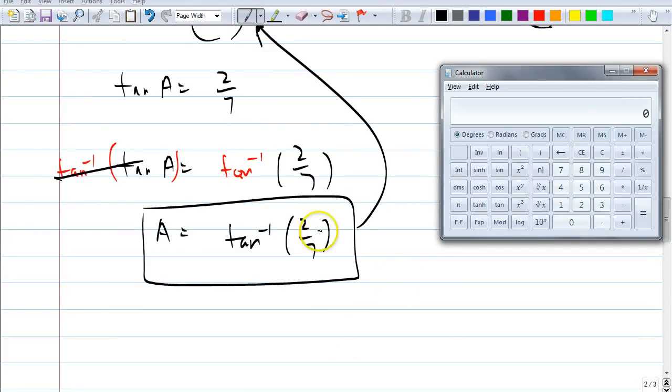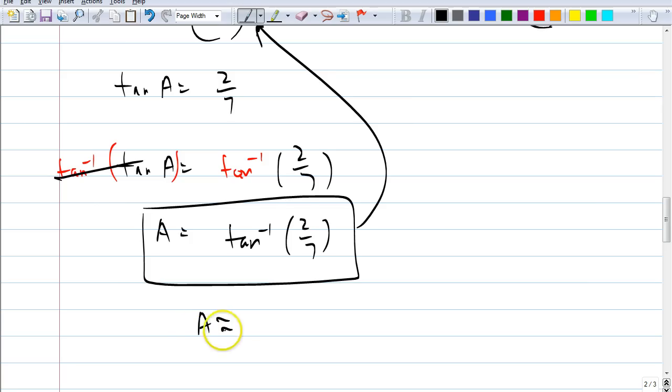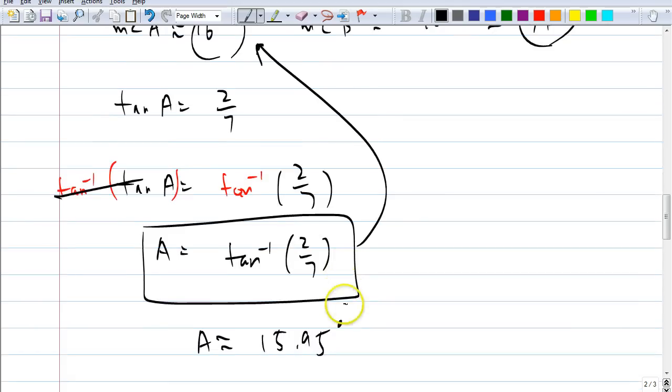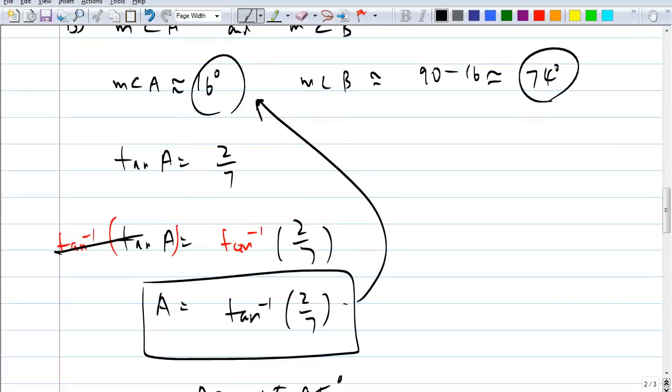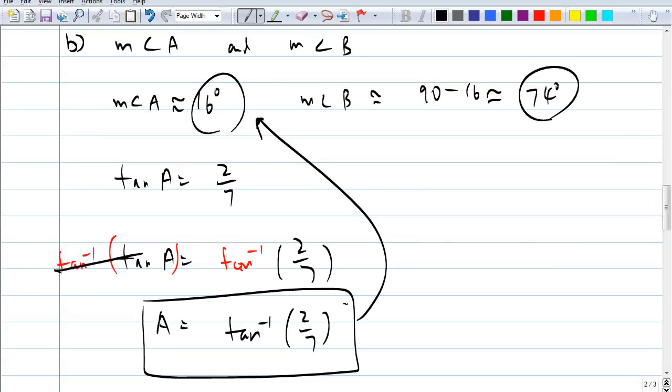So what do we need? 2/7, right? We want tangent inverse, click inverse, and then click tangent. It comes out to be 15.95. So A is 15.95 degrees. What did we say before? Oh, it was 16. So it's close enough. But this is more accurate if you want it. Do we have to do 15.95 or just the top one? No, just the top one. This is fine. But I just did it to show you.